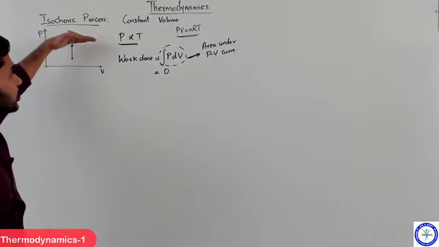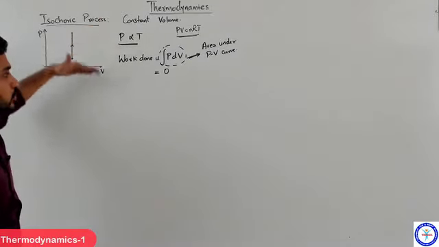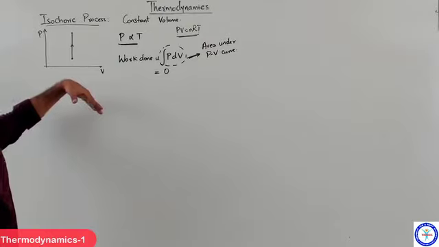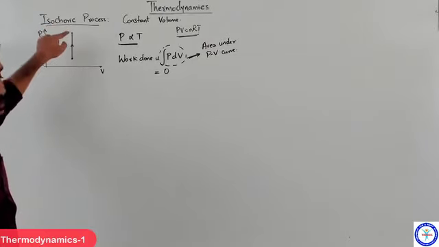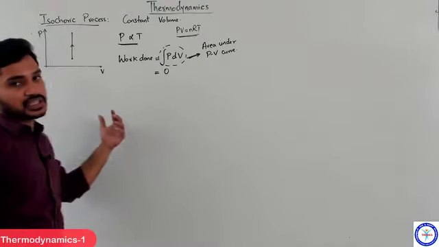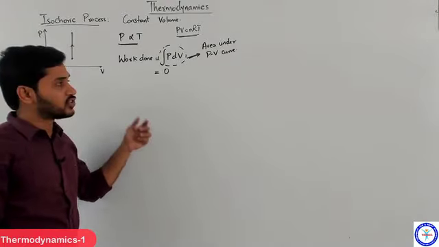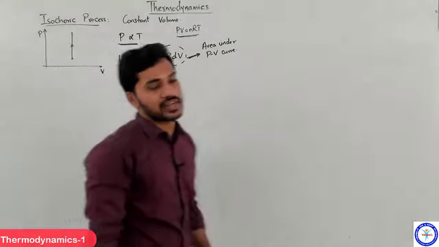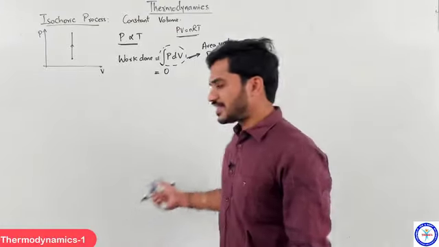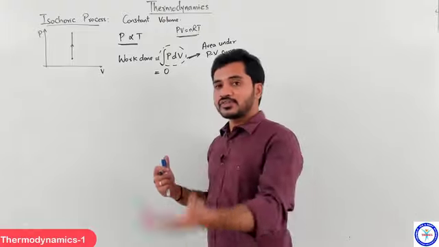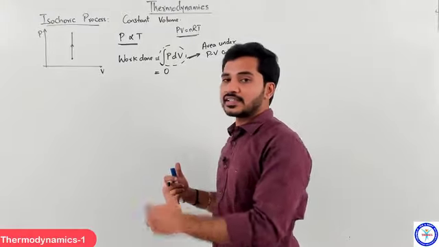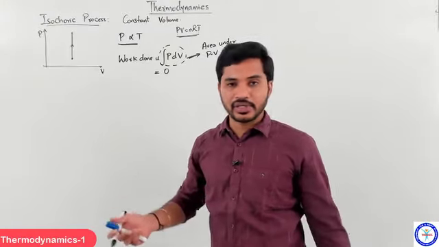If this line was horizontal or something like this, then there would be some area below that line. But here, because it is vertical, because there is no change in volume, you can say that there is no area under the curve, there is no work done. So 0 work will be done in the case of an isochoric process, and that is exactly what we discussed earlier. And in such a process, whatever heat we give will be utilized for increasing the internal energy completely, right?